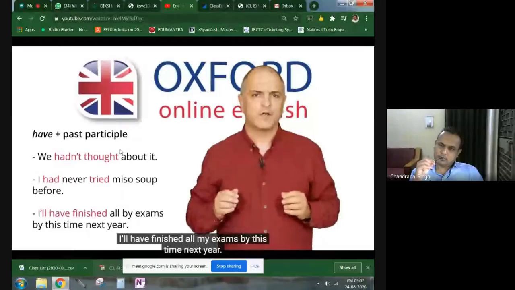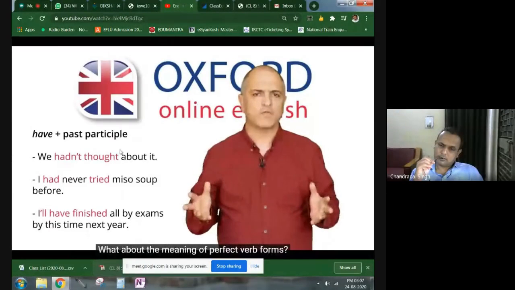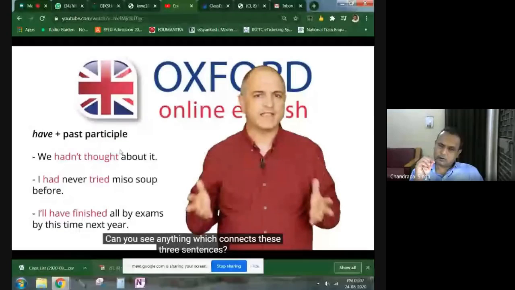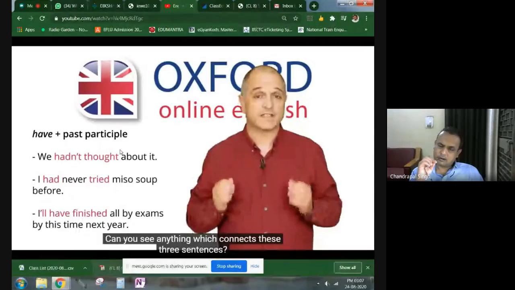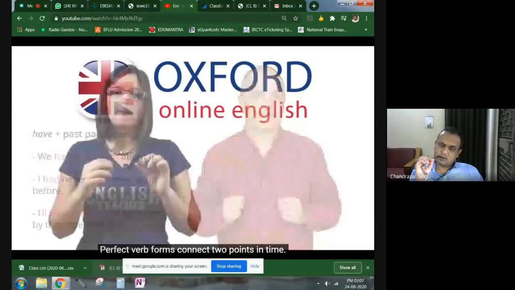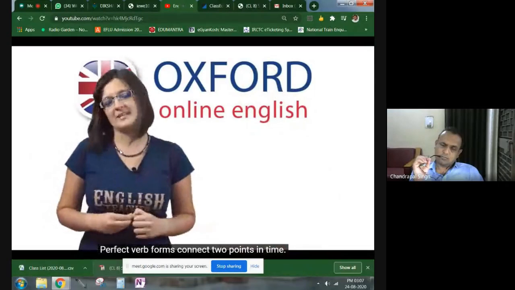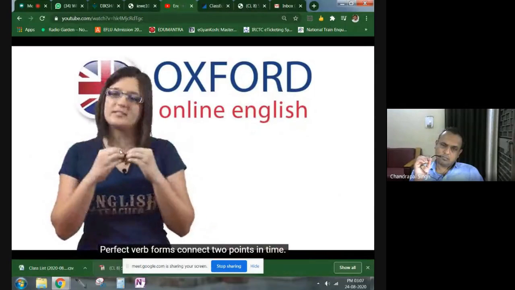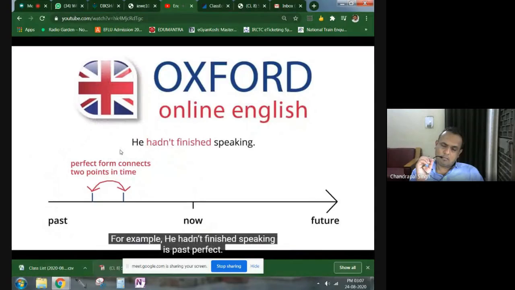What about the meaning of perfect forms? Can you see anything which connects these three sentences? Perfect verb forms connect 2 points in time. For example, he hadn't finished speaking is past perfect. This connects 2 different times or actions in the past.